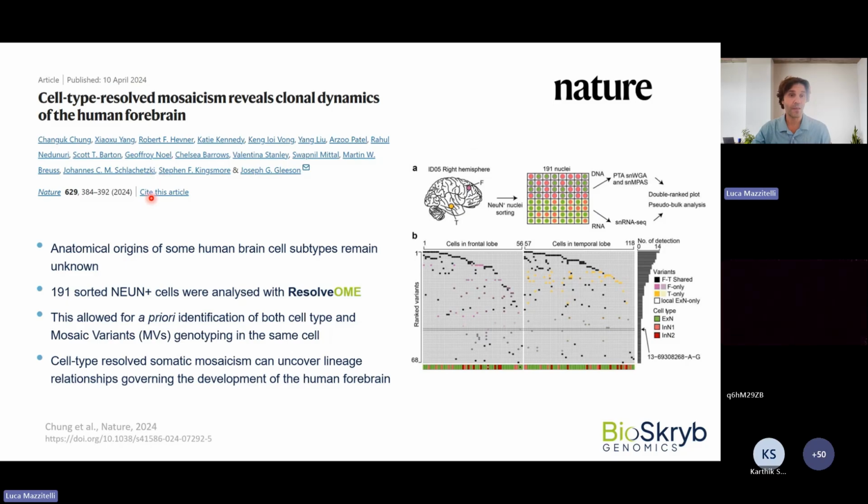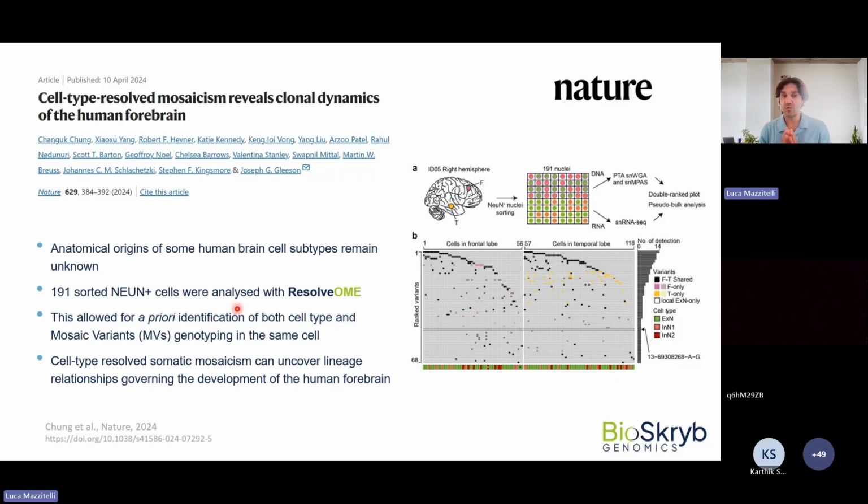And in this case, the challenge was that the origin of some brain subtypes remained unknown. So they didn't know the normal evolution of those cells, what was the anatomical origin of those cells. So they typed some of the cells using ResolveDNA.